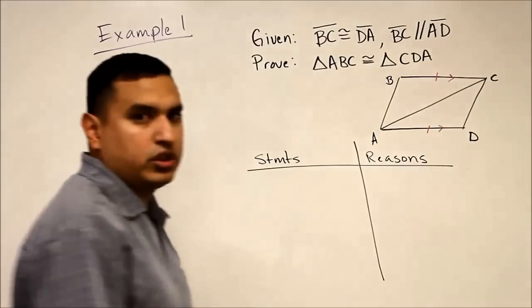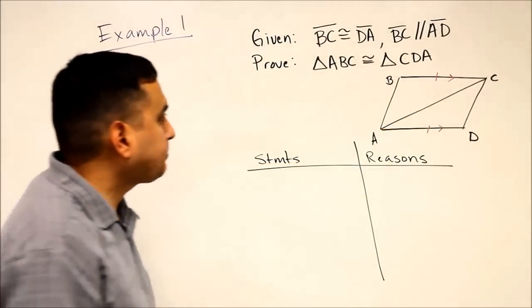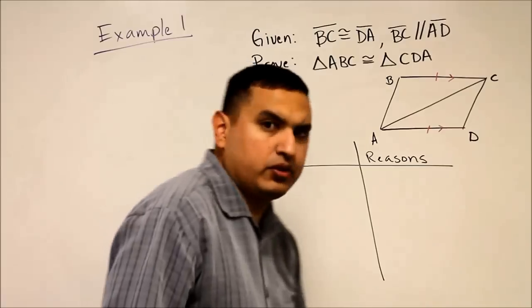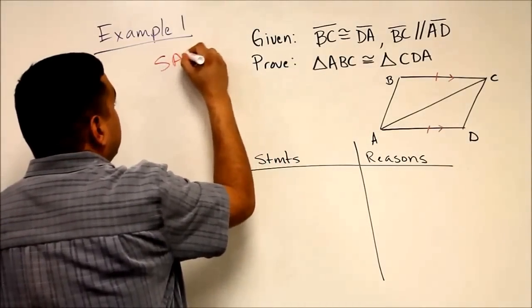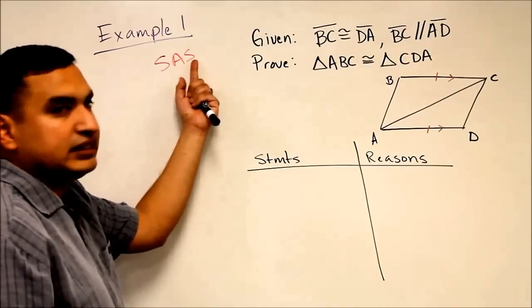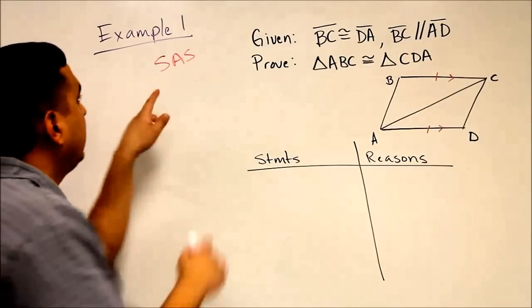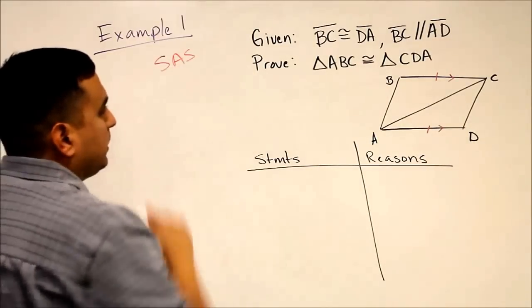The theorem we want to use, based on this lesson, is the SAS theorem. Remember that means I have a side, an angle, and a side, and the angle has to be included between the two sides.